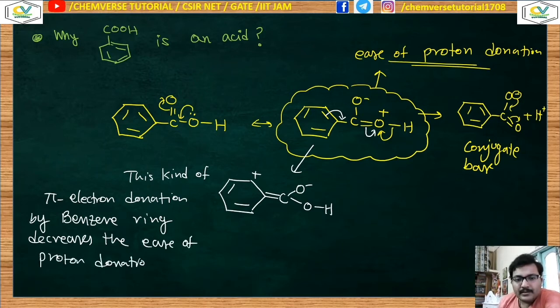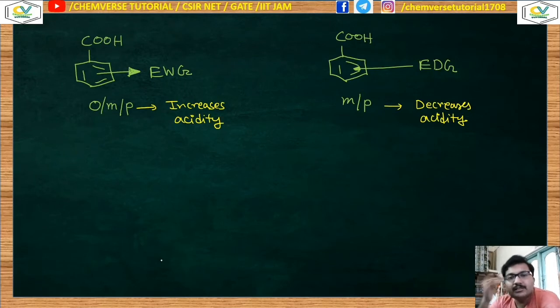So for a substituted benzene ring, the common thing is that the benzene ring donates electron density to the CO2H, and that is why the ease of proton donation decreases. So it will not try to fire the proton, so the acidity decreases.